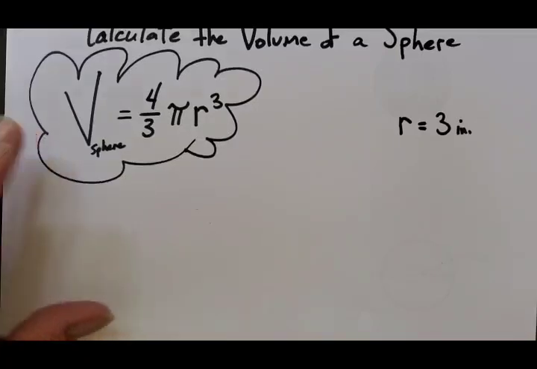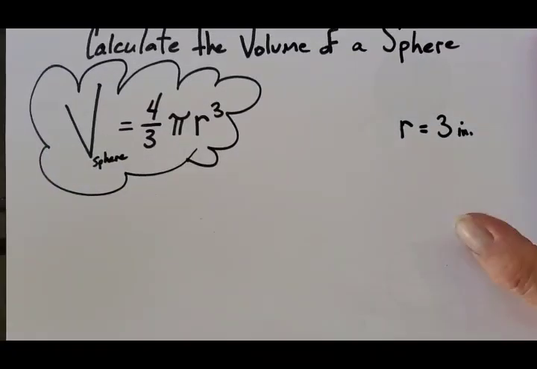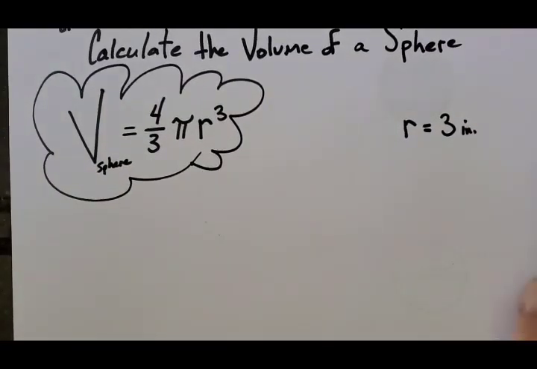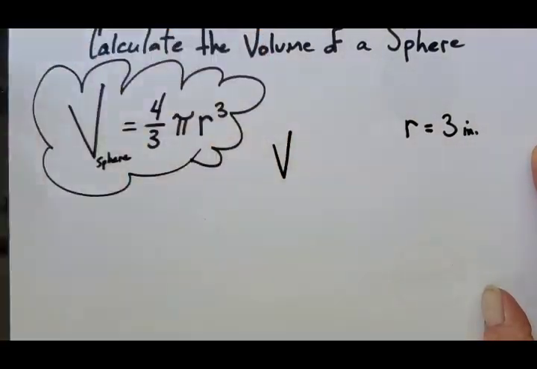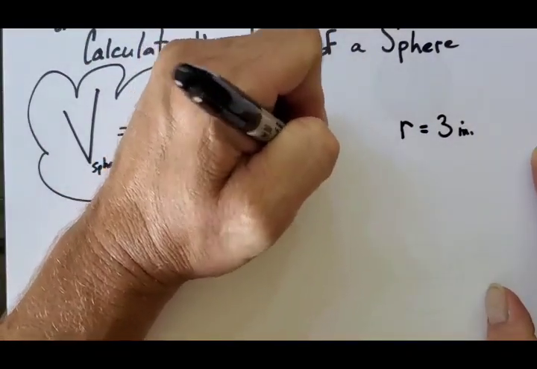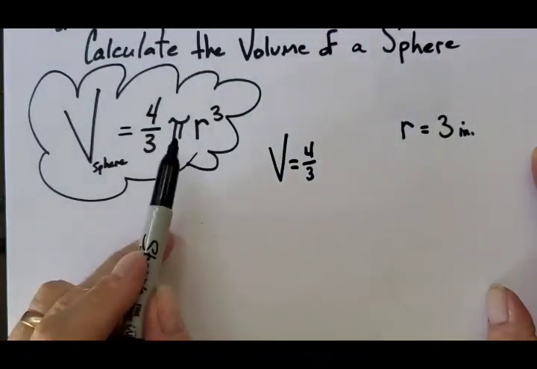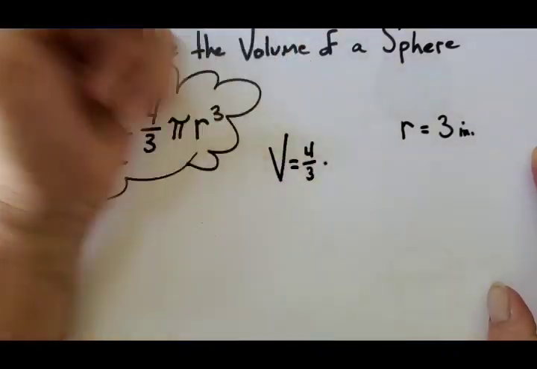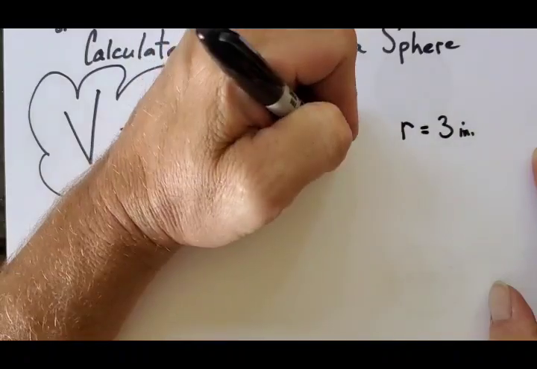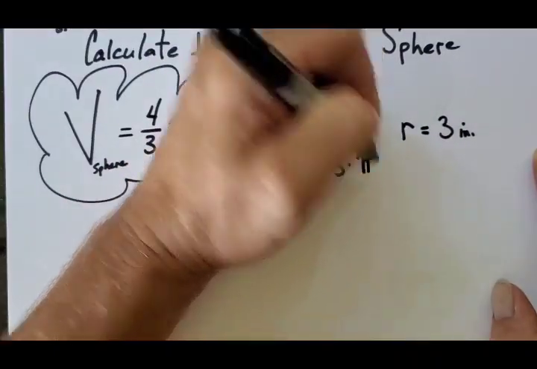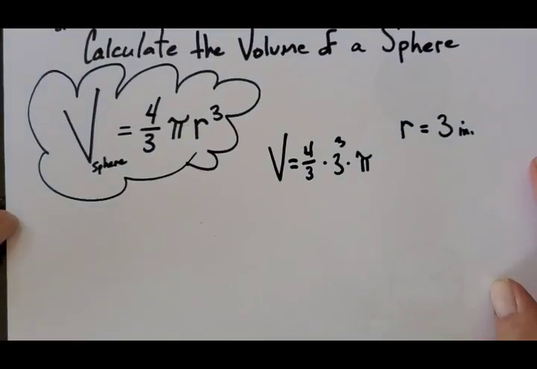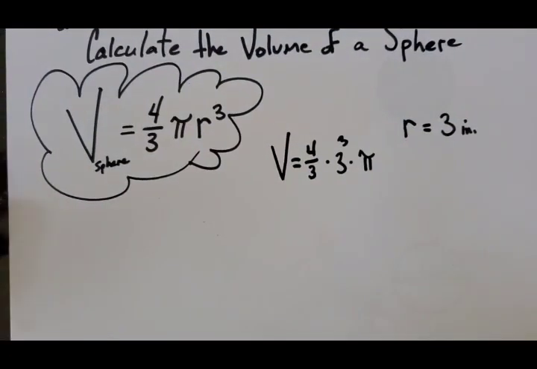So let's find the volume of this sphere with a radius of 3 inches. Obviously, you're going to write out the formula. 4/3, push pi back to the end, radius cubed, 3 cubed, and then pi. So that's what the calculation should look like. I'd like to see you write it out that way.